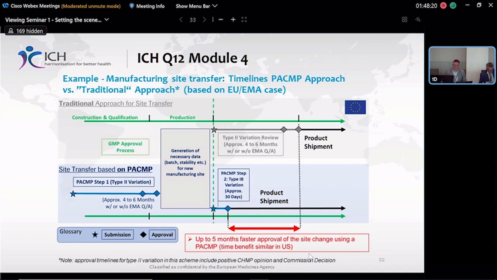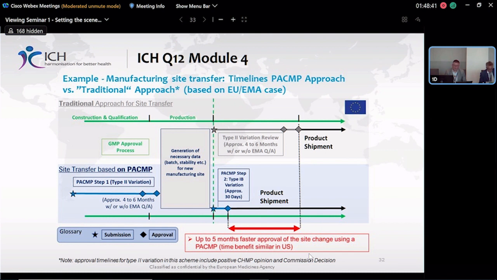And this is based on a real example from a pharma company who were contributing to the ICH Q12 guideline drafting group. In this particular example, they got a 5 months faster approval of the site change by using the protocol.